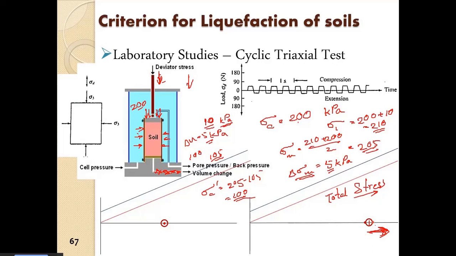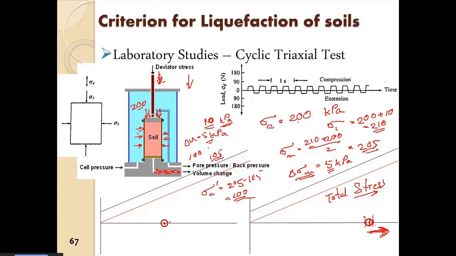All right, so here we have some values of sigma d. This is the diameter, so that is sigma d. So we have sigma d by 2 increment in total mean confining pressure, and similarly that same amount of pore pressure was developed. Since that same amount of pore pressure was developed, the effective mean confinement remained in the same position, it did not change.